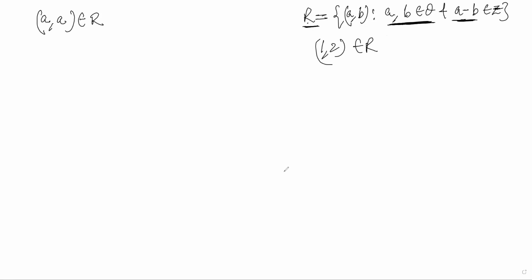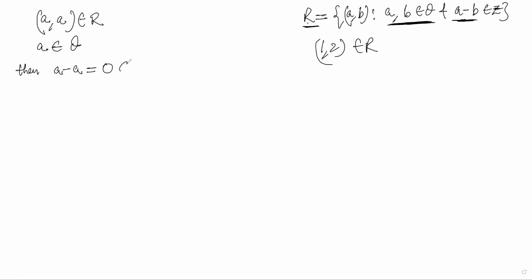So you can take any values. Now it has already been given that the values are (a, a). So you need to check first whether a belongs to Q or not. It has already been given that a and b both belong to Q, so obviously a belongs to Q. Then you have to find a minus a. What is a minus a? It will be 0.